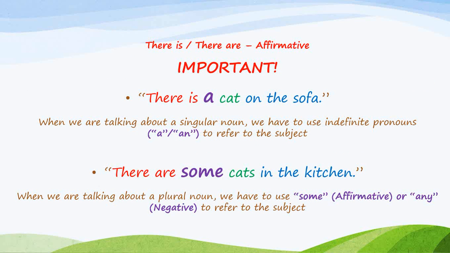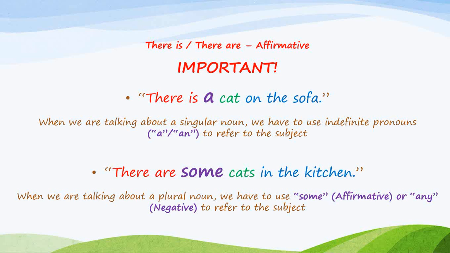Something important that you should know. We're going to use the same sentences that we used in the previous slide. There is a cat on the sofa. Now pay attention.